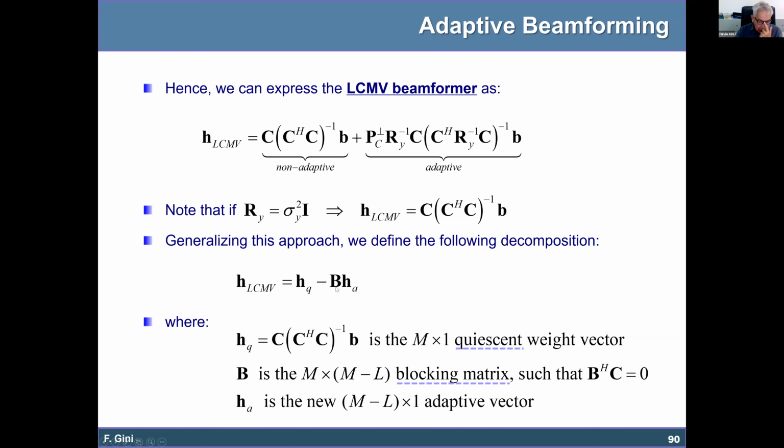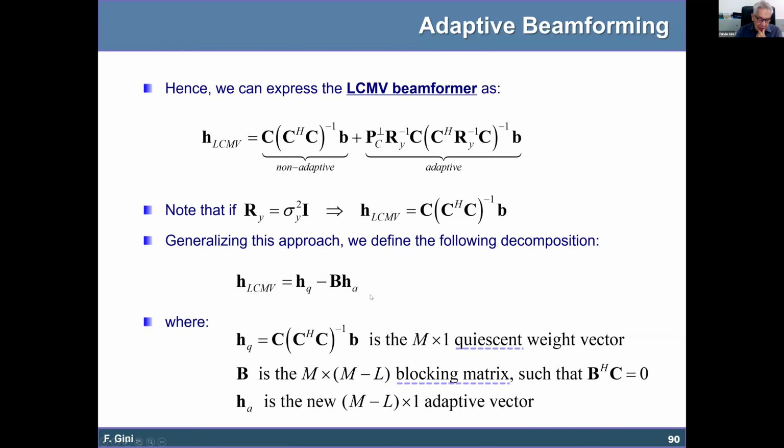B is a rectangular matrix of size m by m minus the number of constraints, and this is called blocking matrix because B should have the property that B Hermitian C is equal to 0.